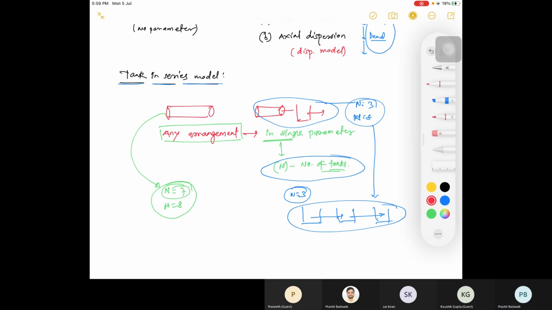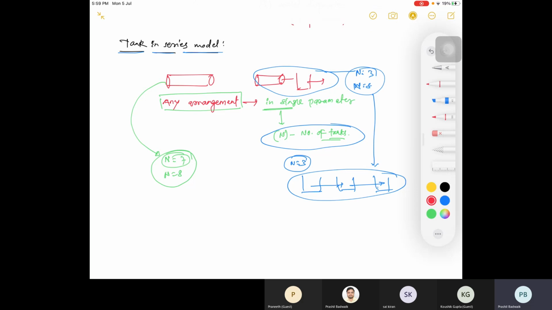Because only the number of tanks. With the RTD, you will be having a single parameter, that is your n, that is your number of tanks, and that's why it is your single parameter model.